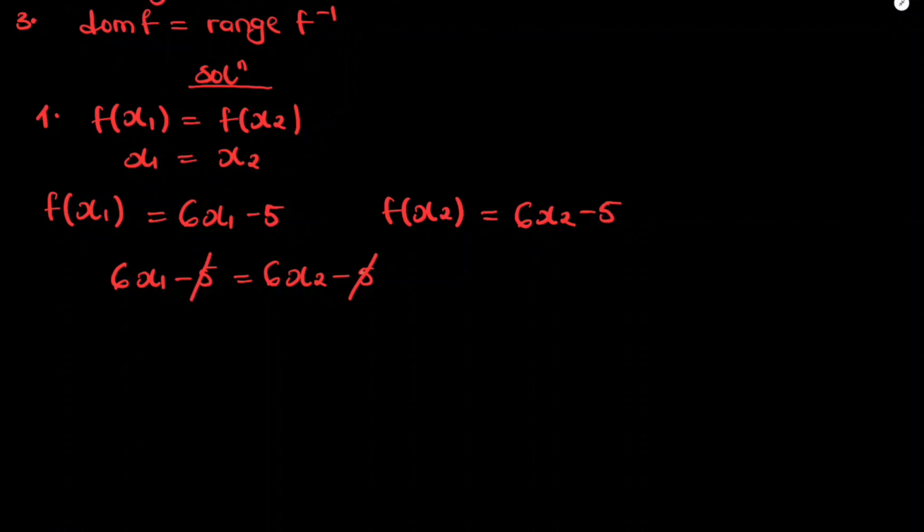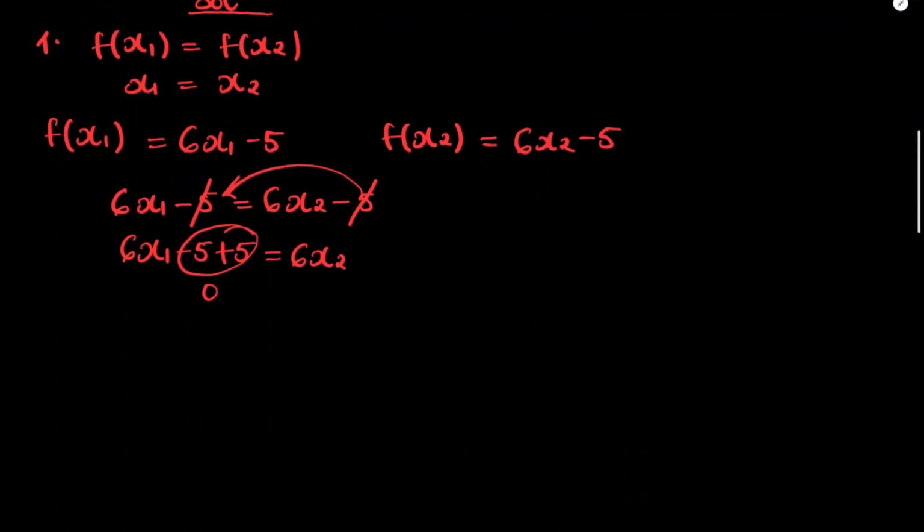If we send it this way, its sign changes to positive, plus 5. So this gives us 0, and we are left with 6x1 equal to 6x2.